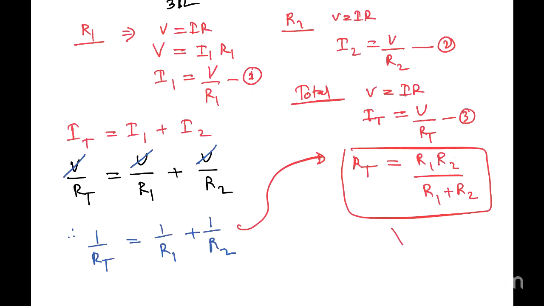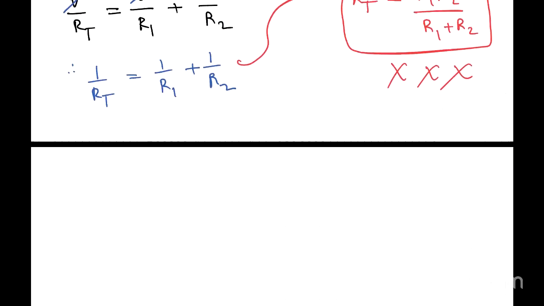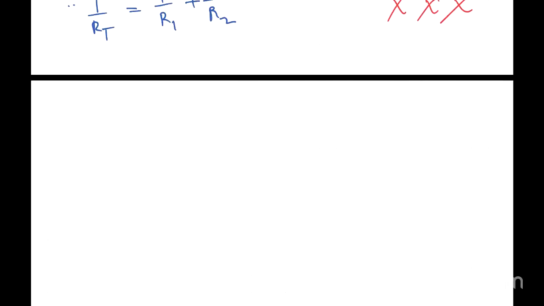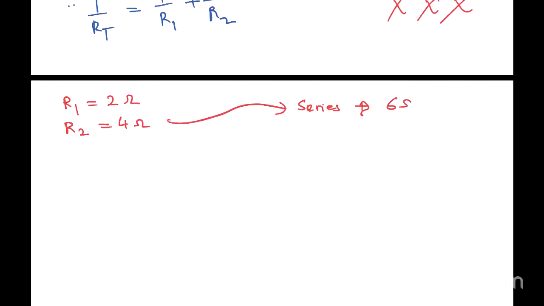So remember, this is not in your syllabus, so there's no need of remembering it. But the main thing that you need to remember is that once you have the parallel configuration, the resistance value will drop, right? For example, let's say I'm using R1 to be 2 ohms and R2 to be, let's say, 4 ohms. If I use it in series, the total resistance is going to be 6 ohms.